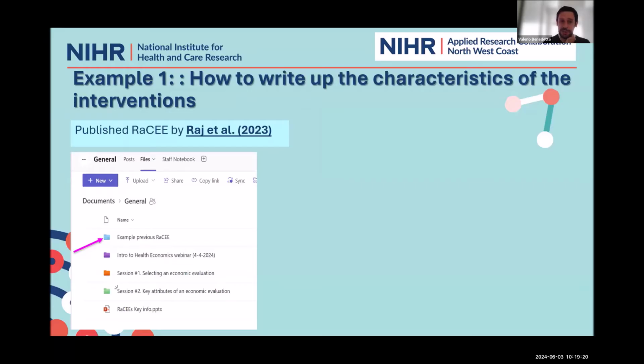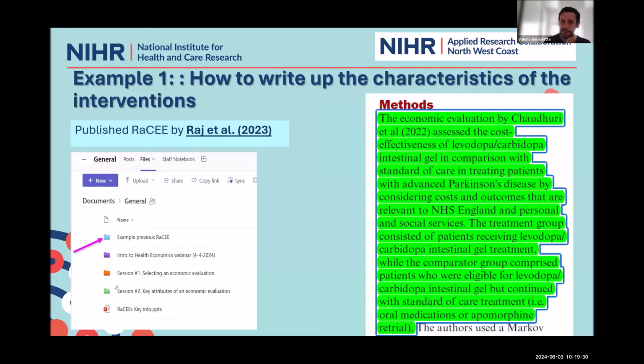As I mentioned, you can find this paper and the RaCEE in this folder in your team space. The folder is called Example Previous RaCEE. And here you can see the actual text we wrote up in our RaCEE. This is the text we wrote up to synthesize what the authors did in their economic evaluation. We tried to provide information about the interventions, the population, and the location.